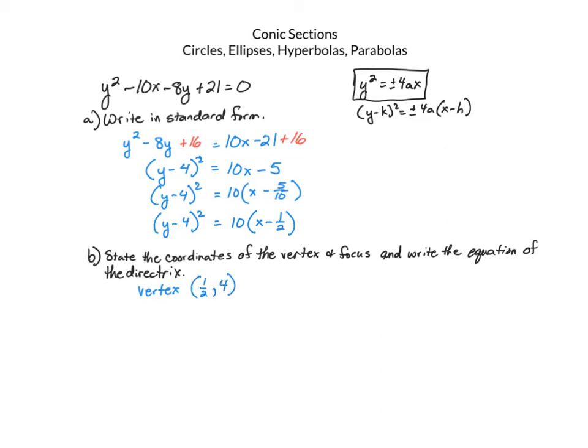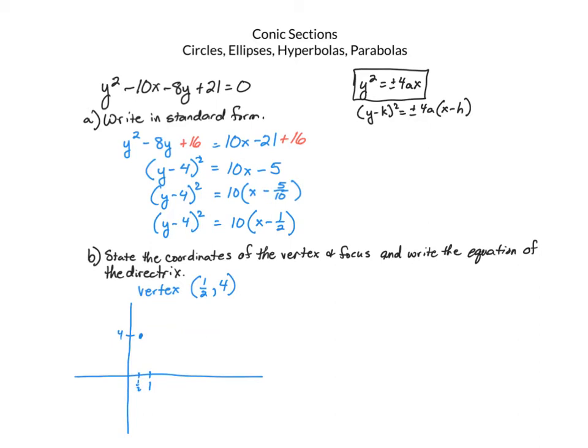And I like to sketch the curve because it helps me find the focus and directrix. So let's do that. Let's see, (1/2, 4). I'll put my 1 here, so a half will be right here and up at 4. So here's my vertex right here at (1/2, 4).